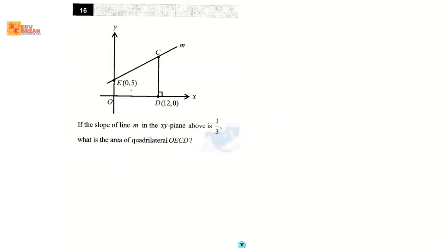Question 16. We have 2 points, E and D. If the slope of line m in the xy-plane above is one-third, what is the area of the quadrilateral OECD? We can find the equation of this straight line: y equals the slope, which is one-third, from the given, times x plus the y-intercept, which equals 5.